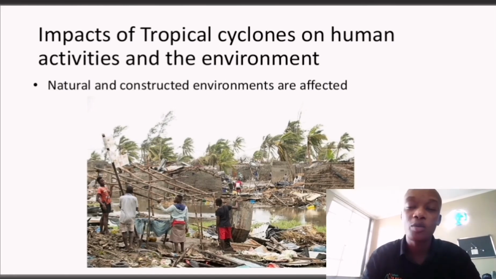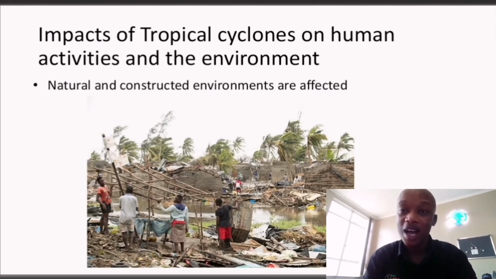So if a tropical cyclone has hit a certain place, the immediate negative effects are that the place will be flooded with water, the infrastructure will be destroyed, people would die, and animals in that area would die.